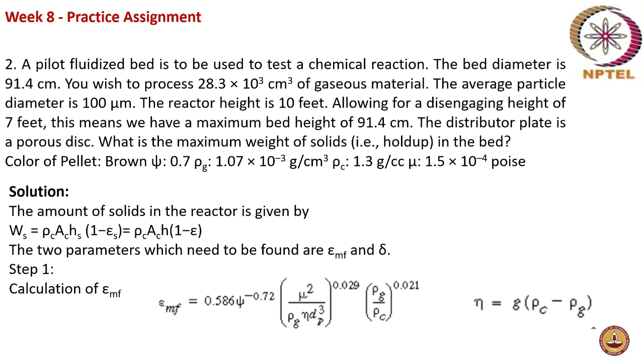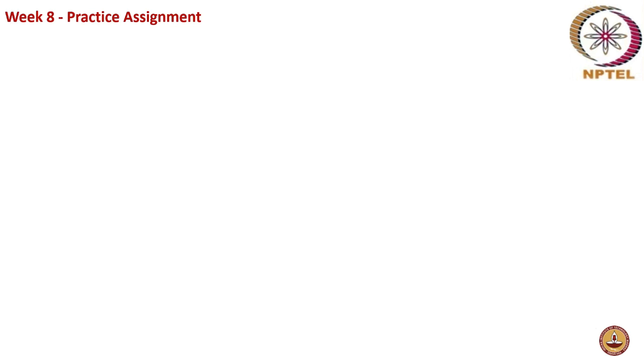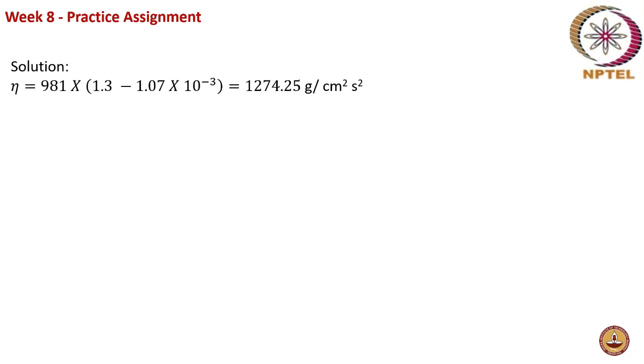You have the option of either using CGS units itself or converting everything to SI units. If by mistake you take g as 9.81 and the remaining terms in CGS units, you will end up with a different answer, 12.74 instead of 1274, correct?